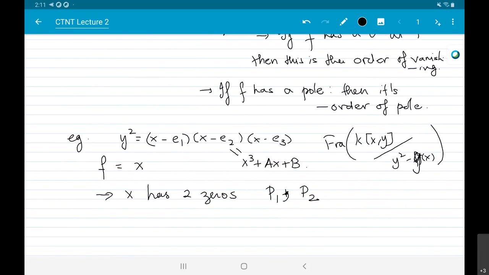If the two points are the same, then I'm going to count them with multiplicity, right? And the question is, where does x have poles?